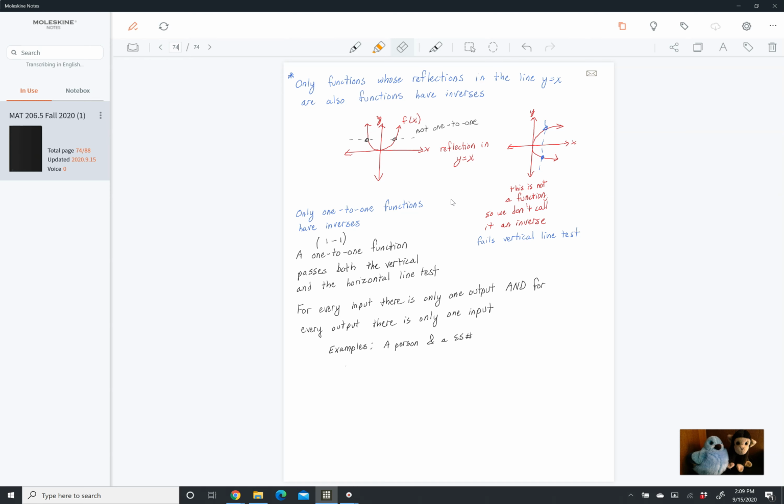And this is assuming no identity theft, obviously. Each person, or each U.S. citizen, right? Each U.S. citizen has one social security number, and each social security number belongs to one person.